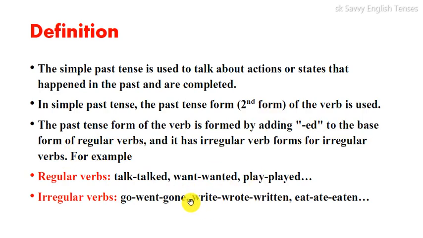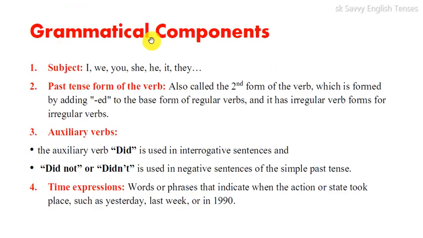Okay, the grammatical components of the simple past tense include the subject, the past tense form of the verb, and the auxiliary verbs. Subjects like I, we, you, she, he, it, and they are used.